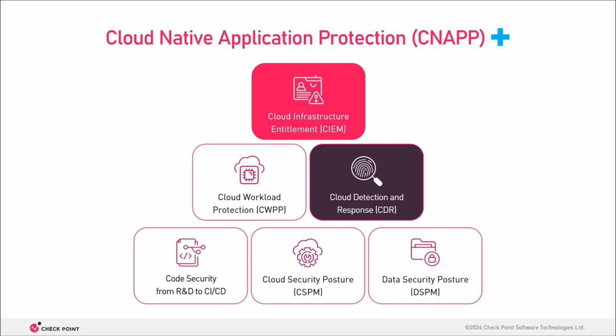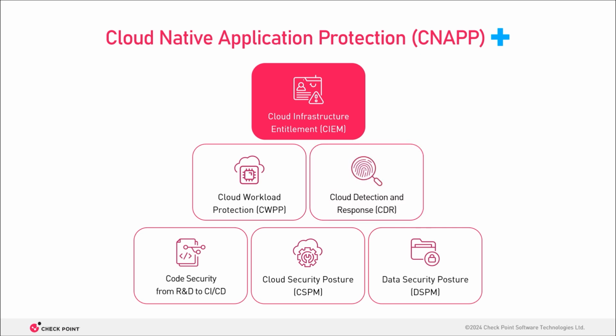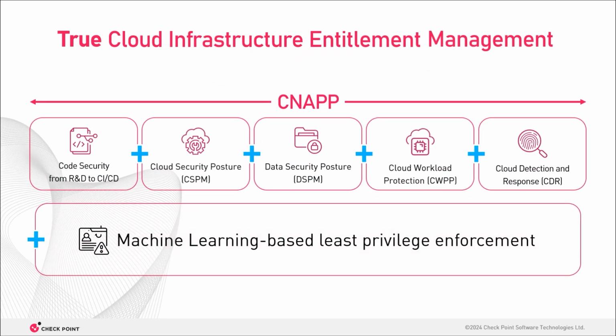And only then, when you have all these solutions in place, can a full machine learning-powered CIEM do its job of ensuring least privilege enforcement before runtime, during runtime, and across all assets and clouds.